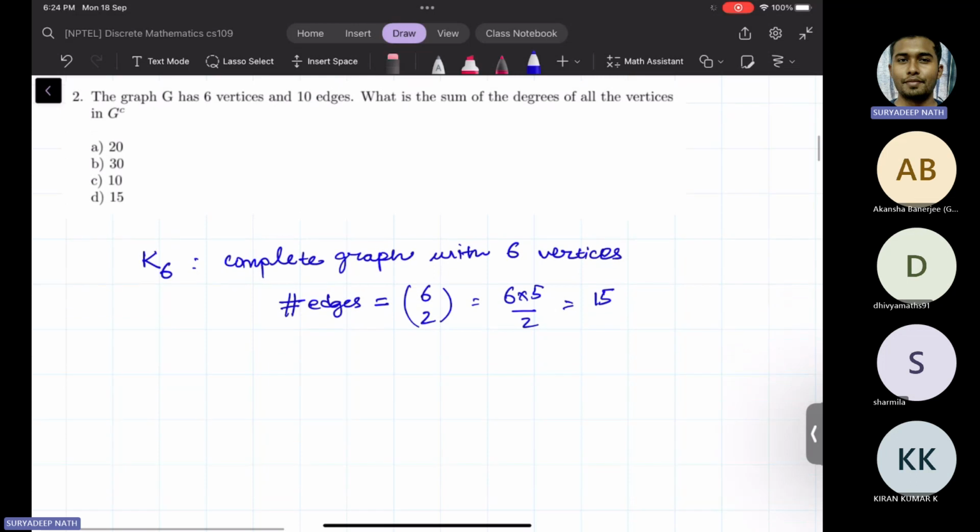Now it is said that in G the number of edges is equal to 10. So what is the number of edges in G complement?